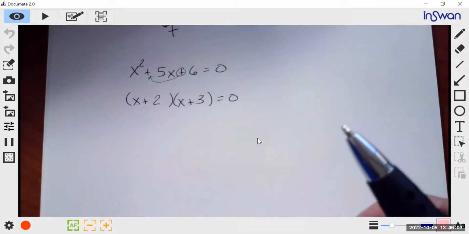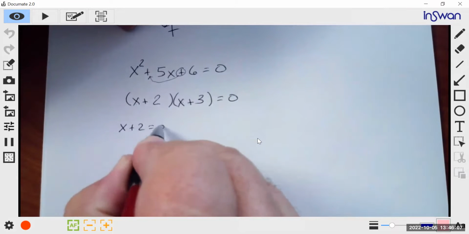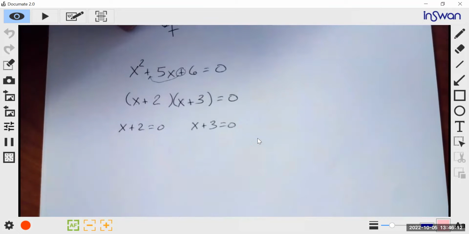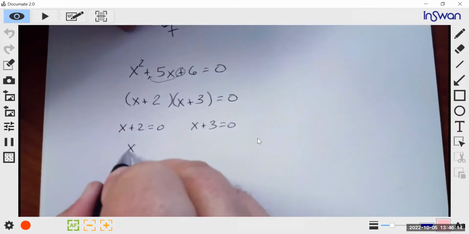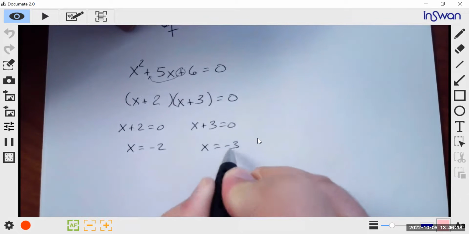We're solving for x. Yeah, set them equal to 0. So this one's going to be negative 2. This one's going to be negative 3.